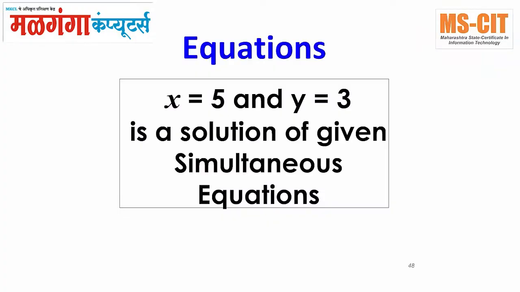Many students write the answer as solution set is equal to, in curly brackets 5 comma 3, but the correct answer given in the text is x equal to 5 and y is equal to 3 is a solution of given simultaneous equations, means that the answer is in a statement, not in the solution set form. So observe how the answer for each type of sum is given in the text and start writing in that way only.